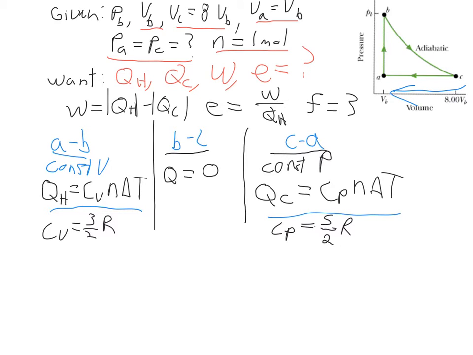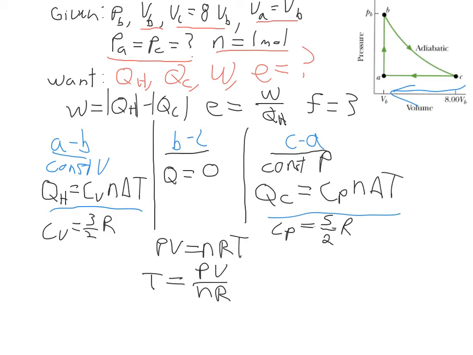How do we find our change in temperature? So if we think about it, for these constant pressure and constant volume transitions, we can observe the ideal gas law. The ideal gas law tells us PV equals nRT, and so T can be written as PV over nR.